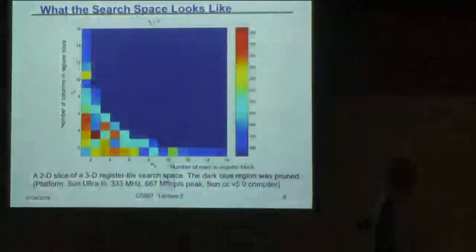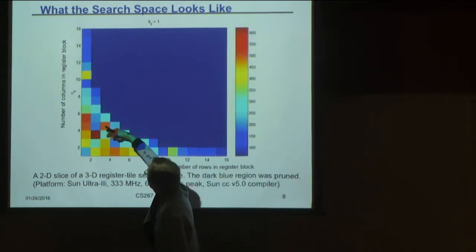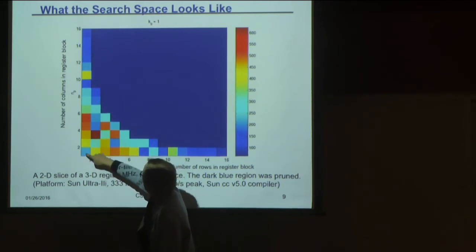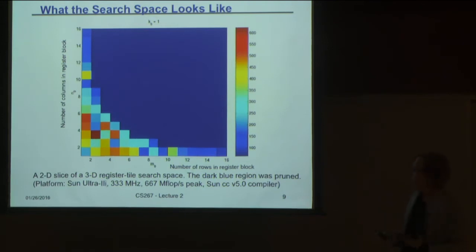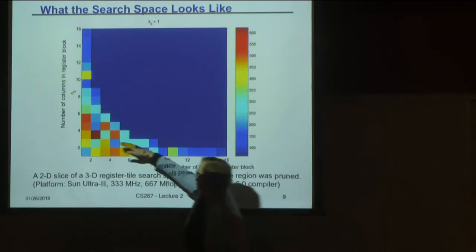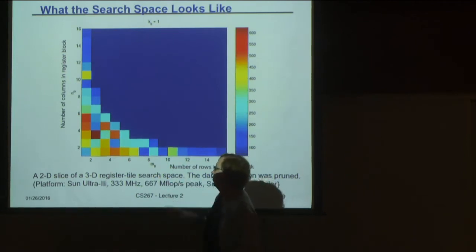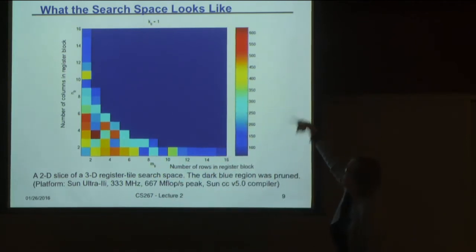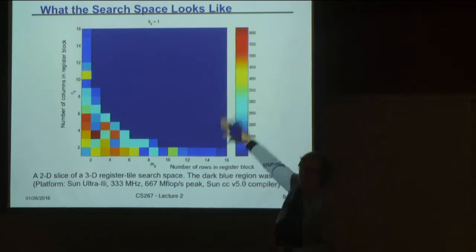Probably. The 2 by 3, what's that? 3 by 3? I don't think so. Well, I know these things look a little bit off, but no, I think it's 1 over from here and 2 up from there. So I think it's 2 by 3. But the main point is that if you're off by 1, you can get really, really slow performance, right? So that dark red point is the best performance over here, and this is the scale that we can see, and all this other stuff is really bad performance.